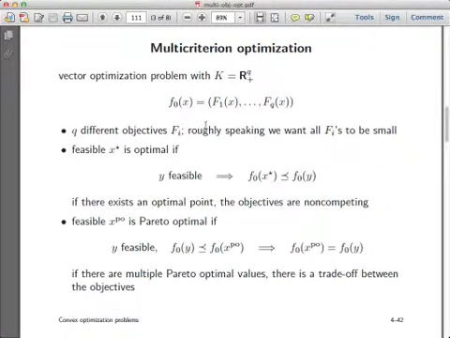Notice that if you want to be feasible, optimality here means that it's very hard. You basically would like to have every single component, you have Q of them, to remain lower.